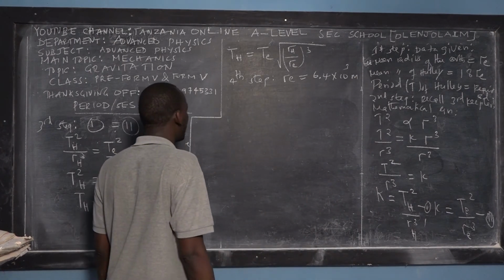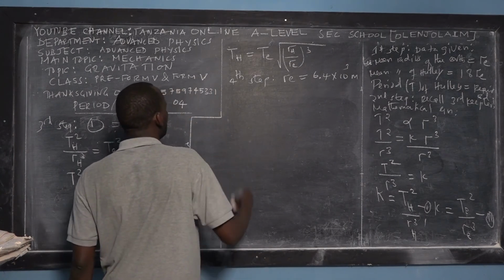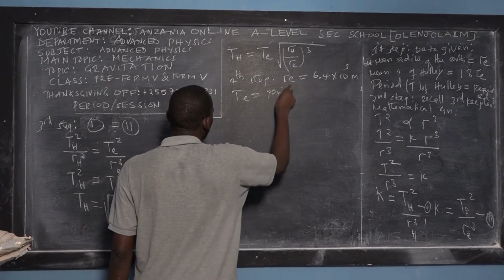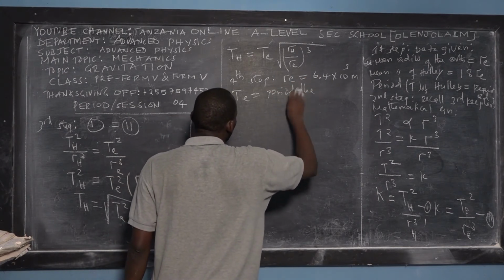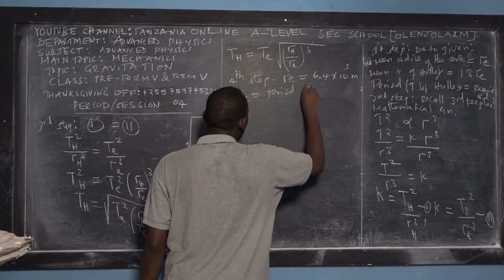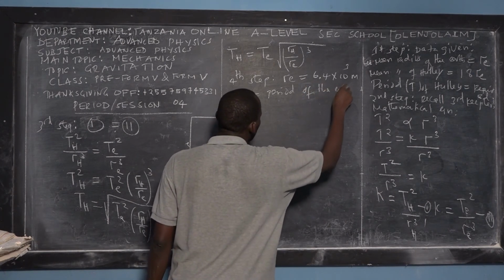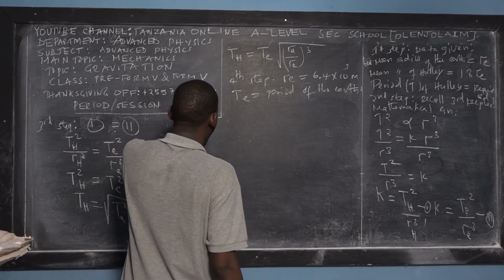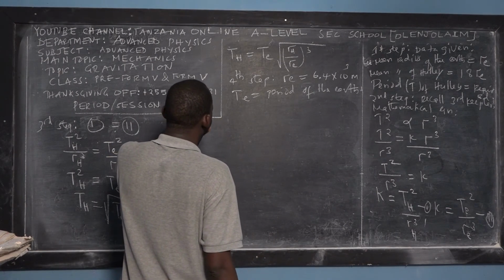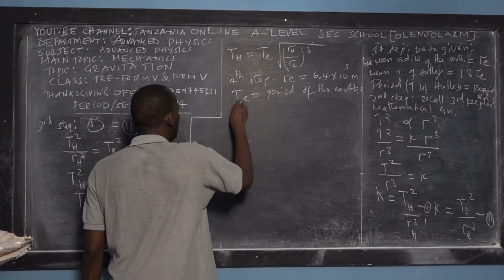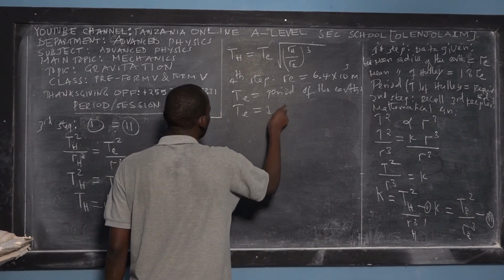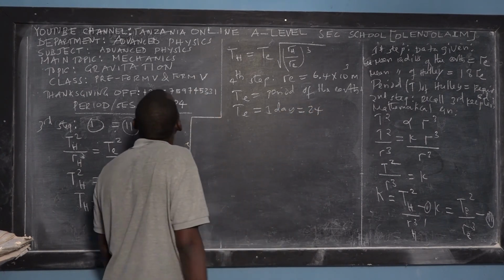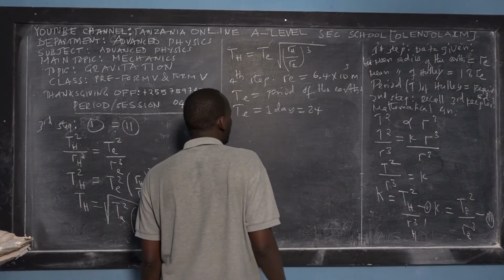Then you have the radius of Halley, which is a multiple of that. But you need the period of Halley, which is equal to the period of the Earth.